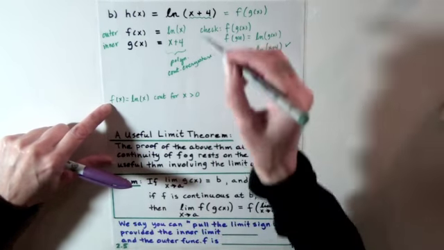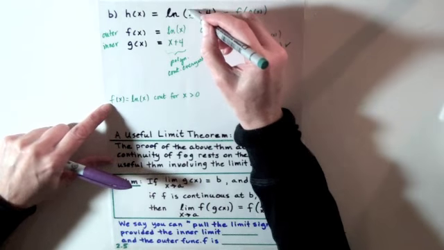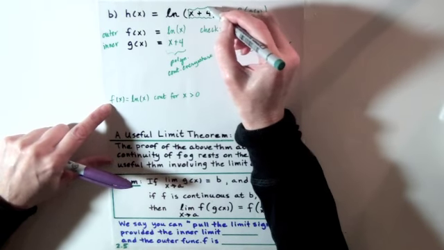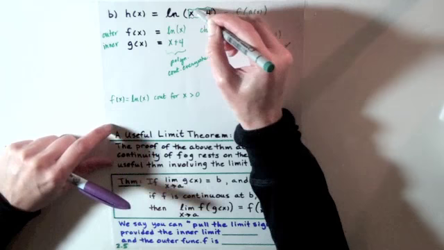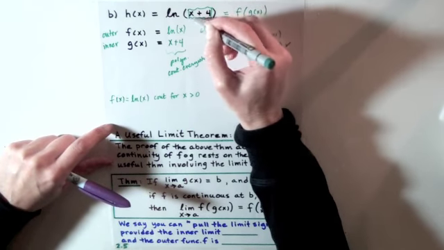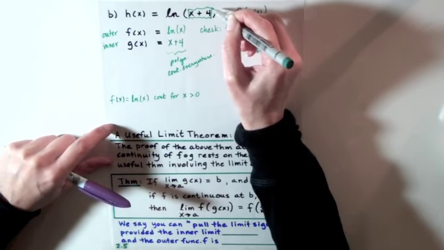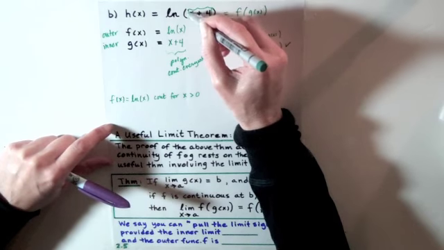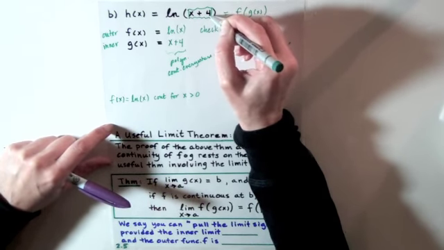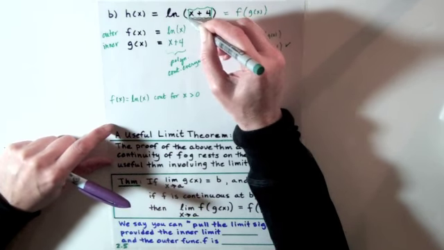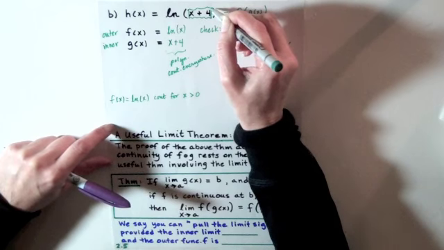And what is my input in this case? My input is actually the whole function g of x. What I have in this little square box right here is my inner function g of x. And I want what's inside this ln function, this whole expression, to be something that is positive, something greater than 0. If this expression is equal to 0 or is something that is negative, then I am in trouble.